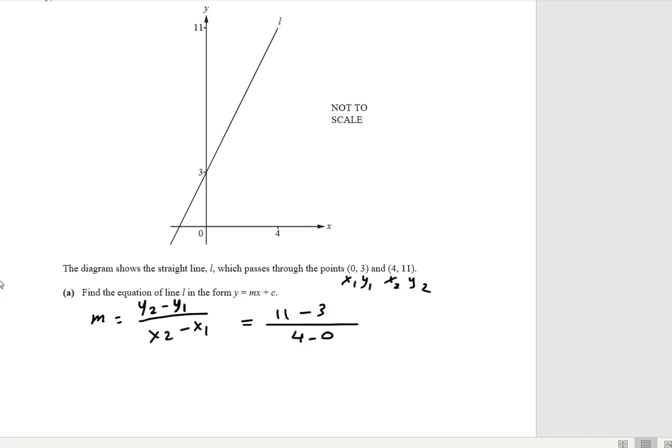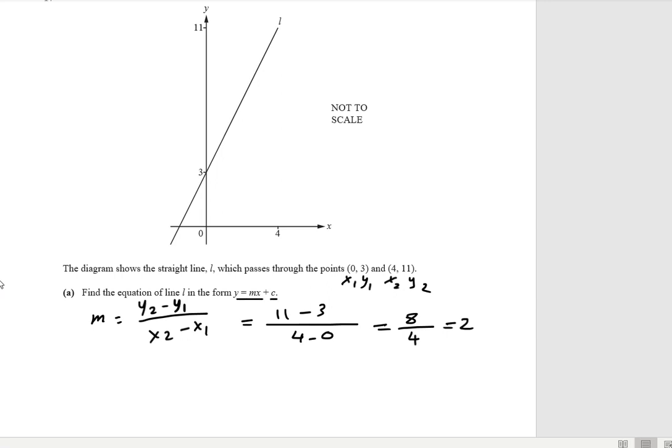So the slope of this line will be 8 divided by 4, which equals 2. This is the slope of the line.